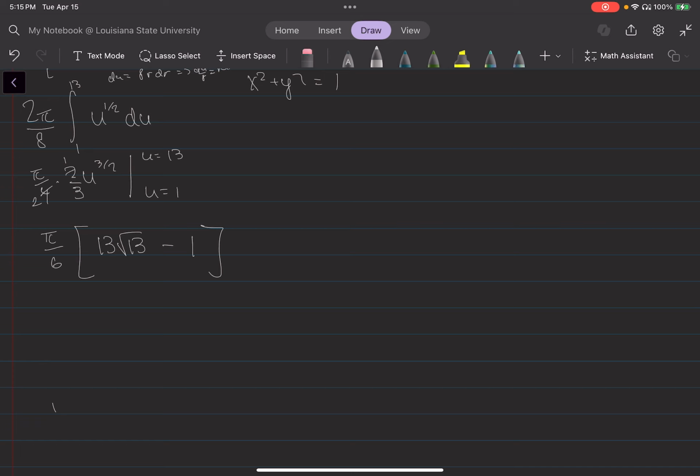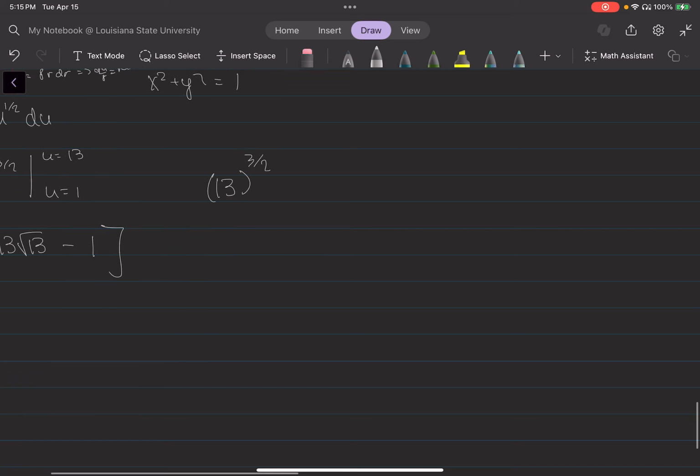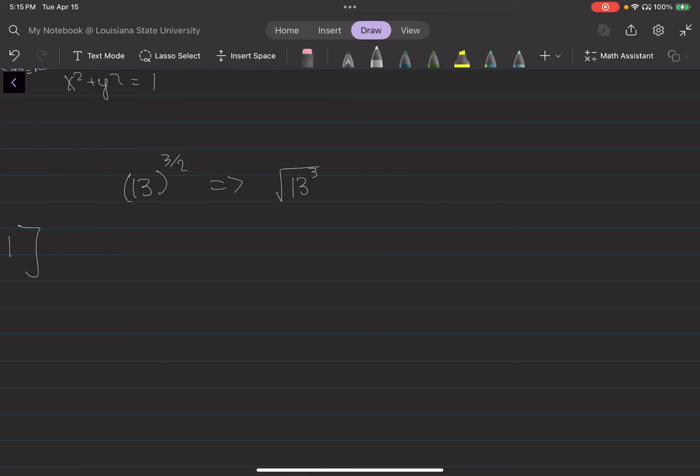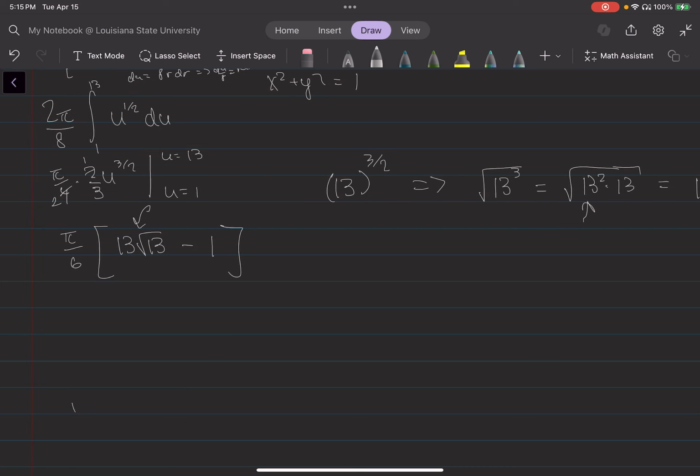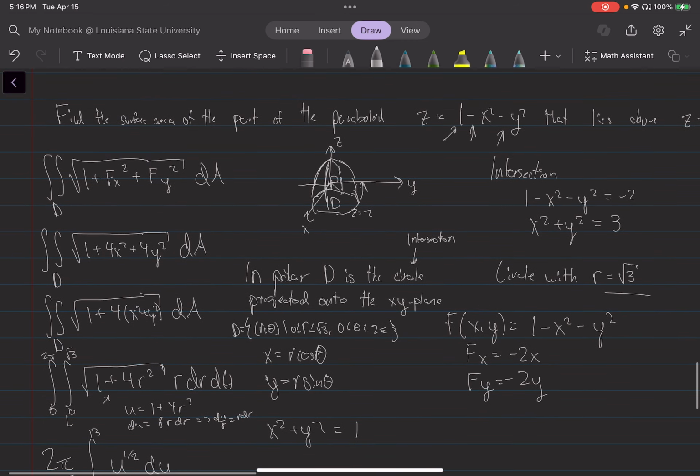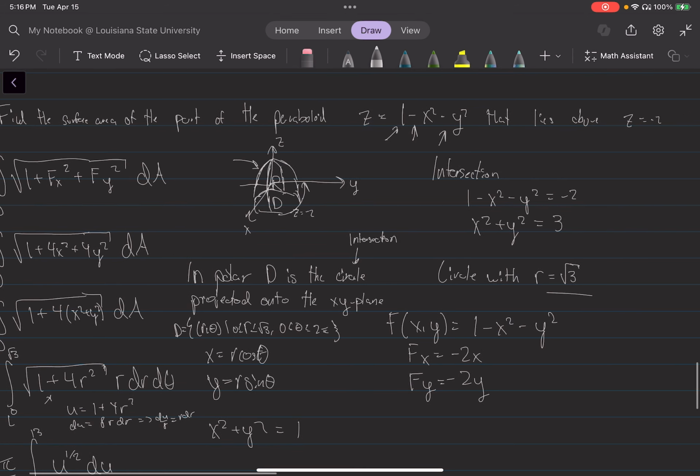The reason that when you evaluate 13 to the 3/2, that's the square root of 13 cubed. Well, 13 cubed is 13 squared times 13, and 13 squared is a perfect square. So we have 13 square root of 13. So yeah, that's if you're wondering about that. And then 1 is trivial. And that's our solution. That is the surface area of this paraboloid above our plane.